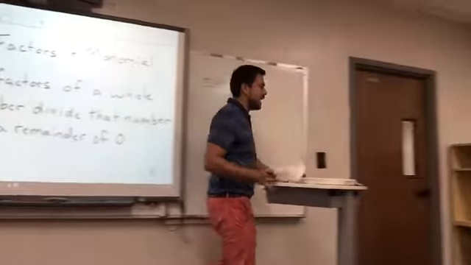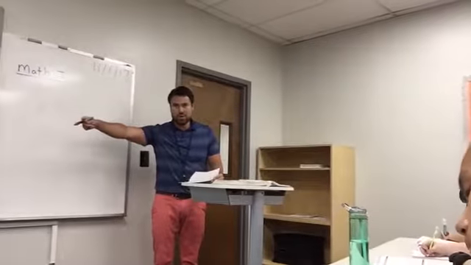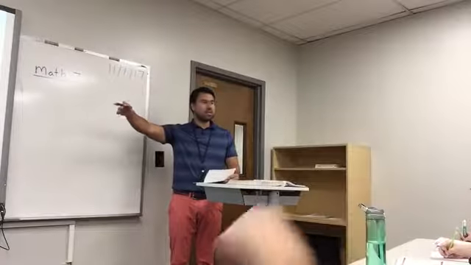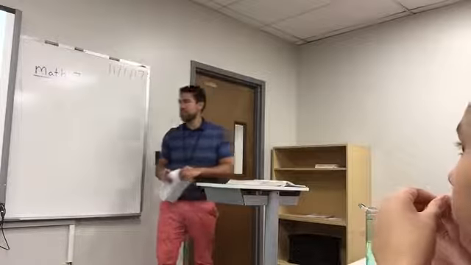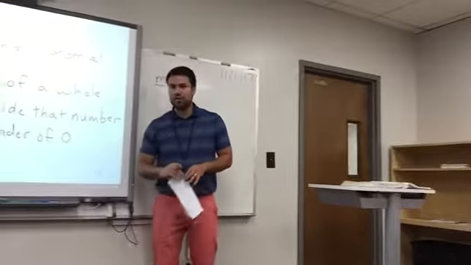Okay, so it's any number that can divide another number where when you do that division, you get a remainder of 0. So I'll give you an example and see if you can figure out what that means.